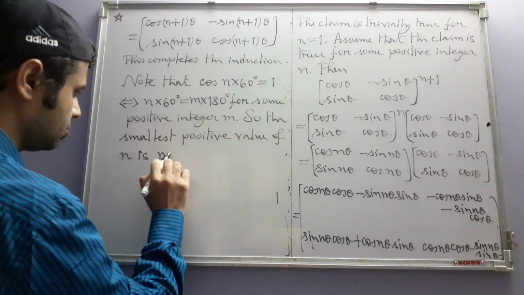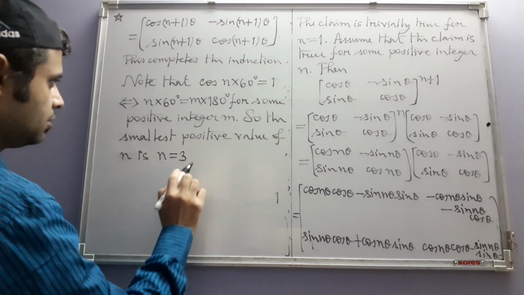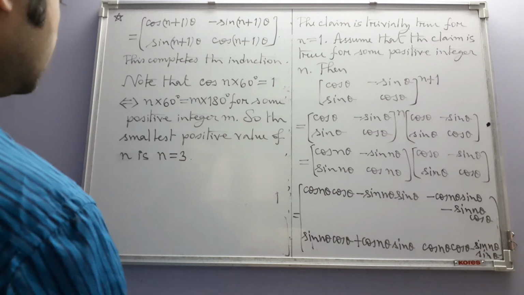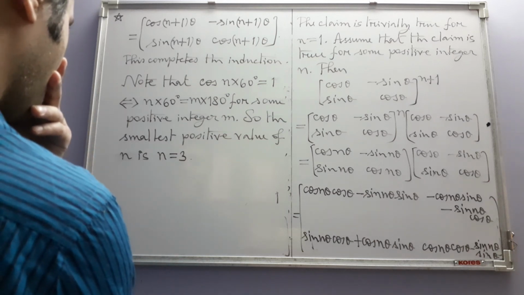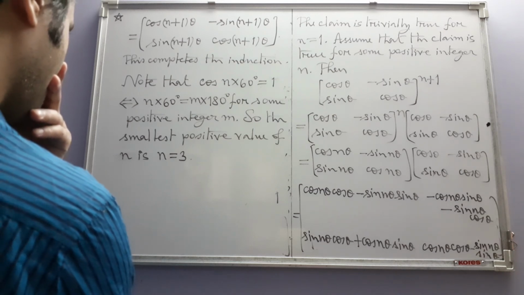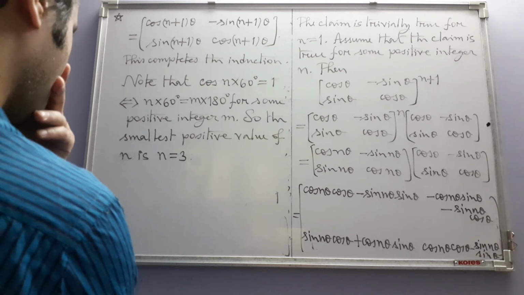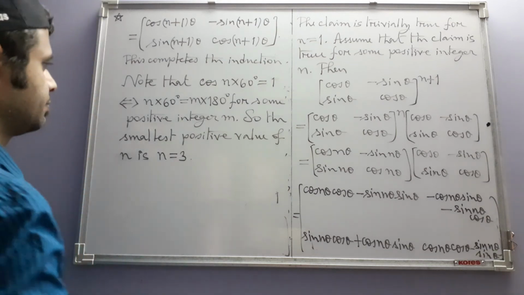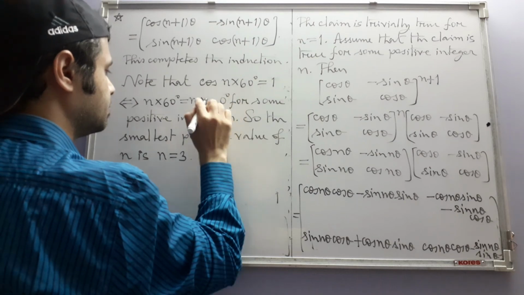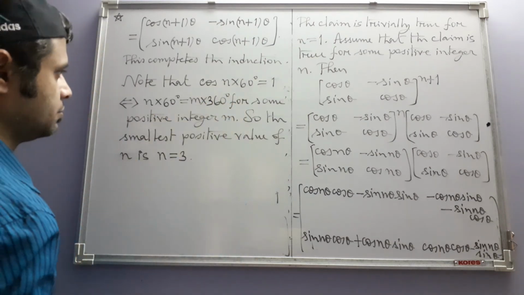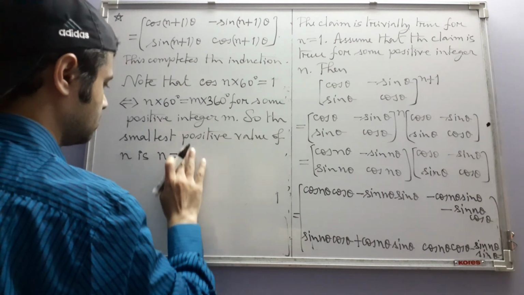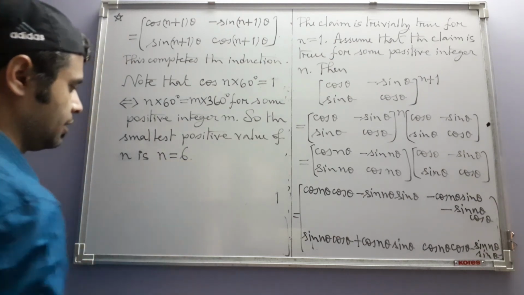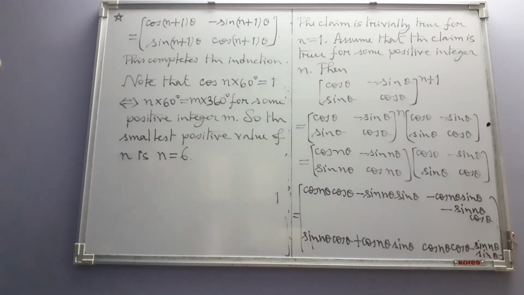So n is equal to 3. But then the sine is not zero, so okay, n is equal to 6.